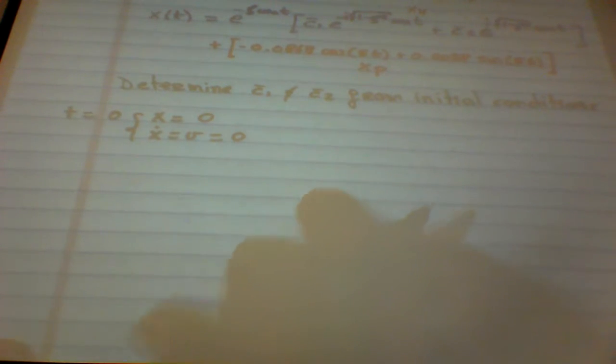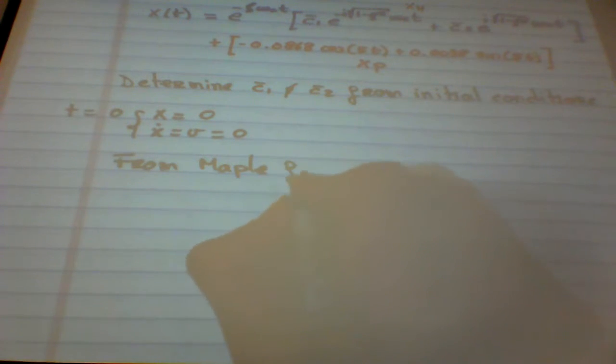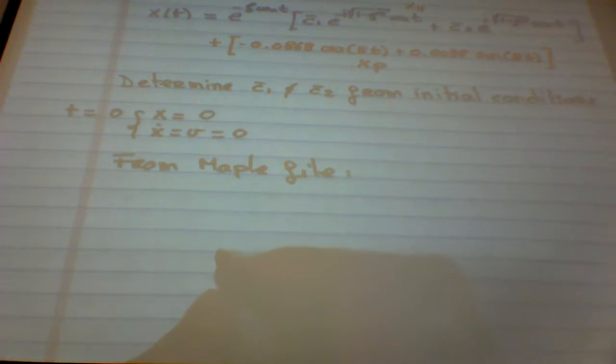All right, so I'm going to put here, from the Maple file, which is on Canvas, you're going to find that C1 is equal to 0.0434 minus 0.003657i, and C2 would be equal to 0.0434 plus 0.003657i.